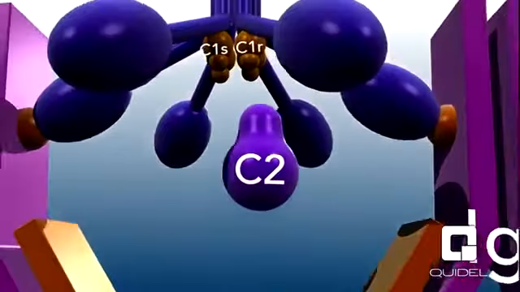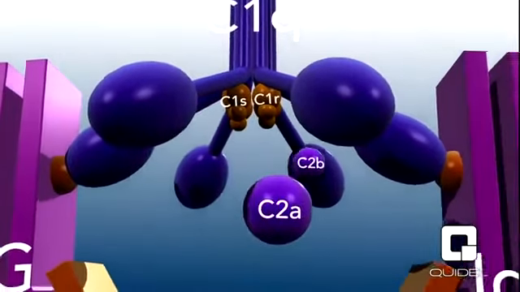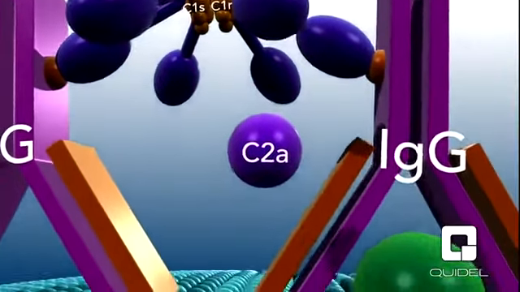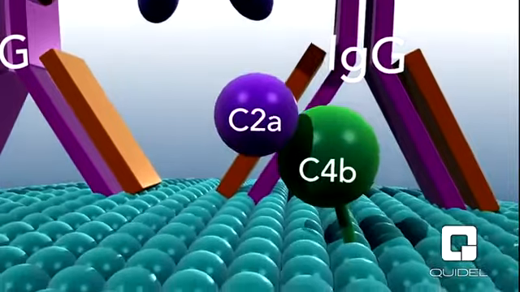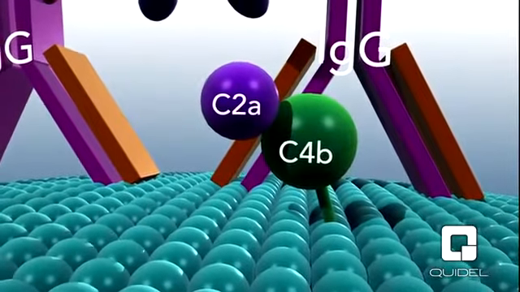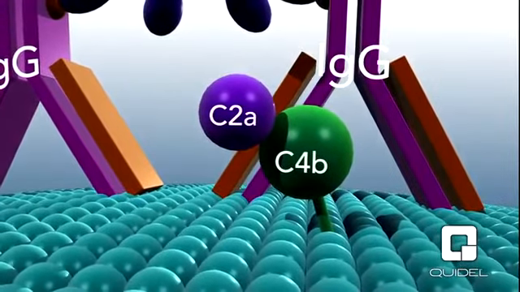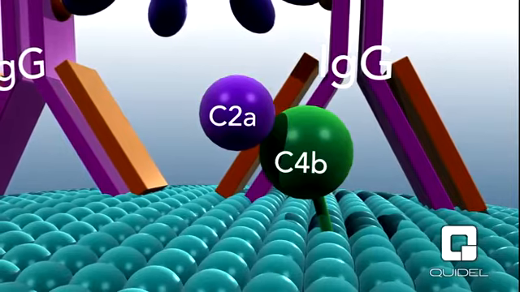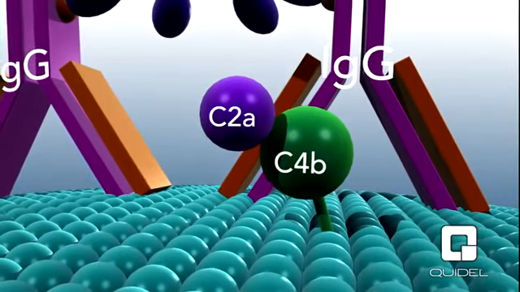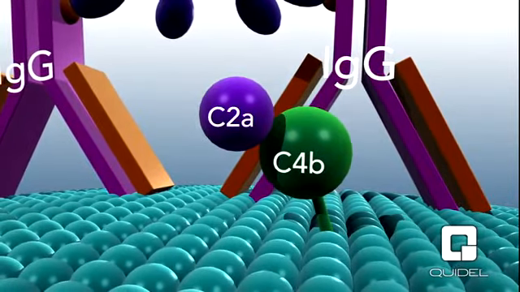C2 is also cleaved into two fragments, and the resulting C2a fragment binds to C4b. This bimolecular complex of C4b2a is a C3 convertase of the classical pathway and serves to cleave C3 through the enzymatic activity in the C2a portion of the complex.